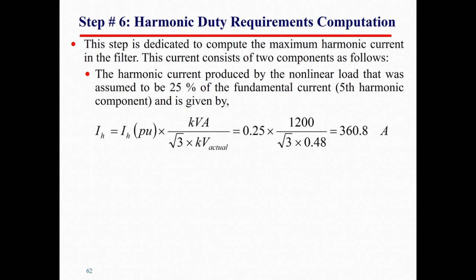So from the nonlinear load, this is one side. Nonlinear load is providing harmonic current, and also we should not forget the voltage level. The voltage level will also have harmonic, 1%. So we have to consider both. Okay, we have fundamental current that passes through a filter. We have harmonic that comes from the load, and we have harmonic that comes from the voltage source as well.